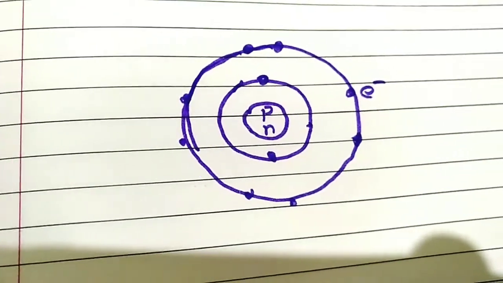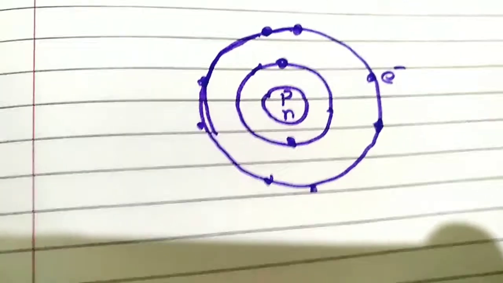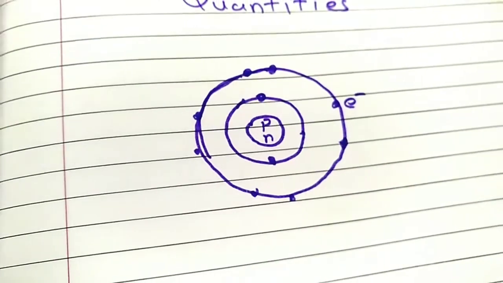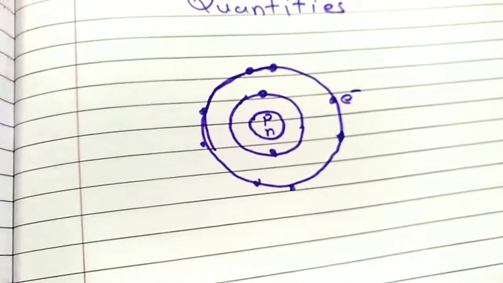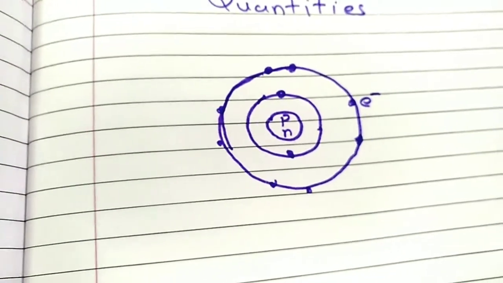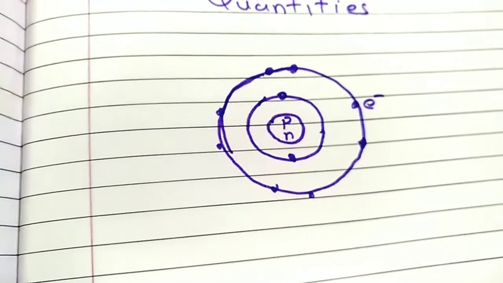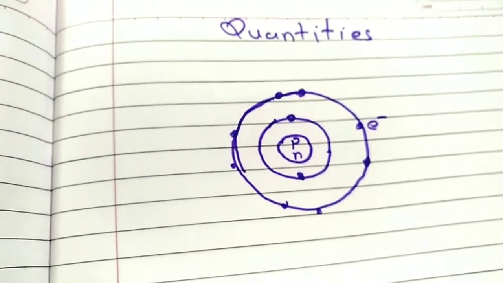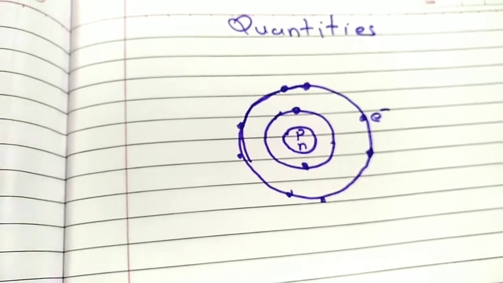The part of the atom outside the nucleus, the different orbits, the space between the nucleus and orbits, and the electrons, all together are called the extranuclear part of the atom.